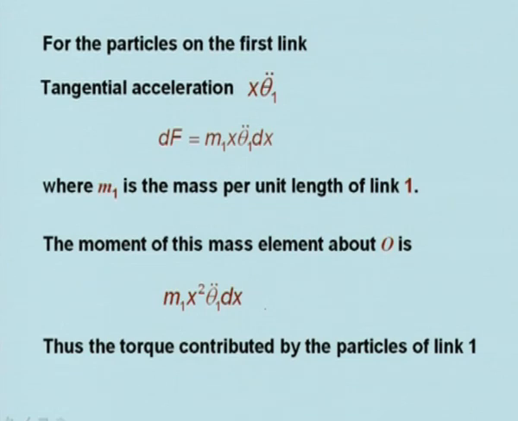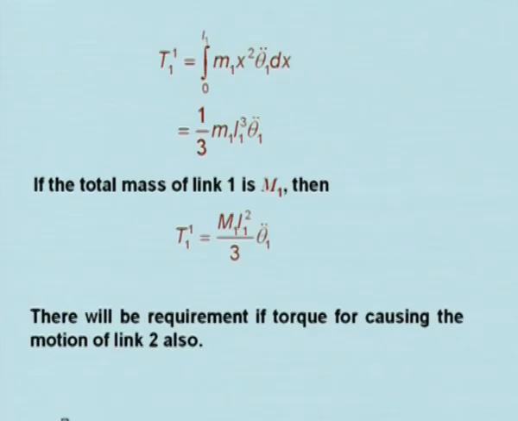Thus, the torque contributed by the particles of ring 1 is T1 = integral from 0 to L1 of m1 x square theta 1 double dot dx. If you integrate between 0 to L1 and put the limits, you get 1/3 m1 L1 cube theta 1 double dot.